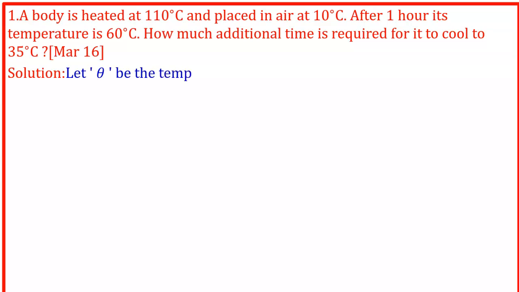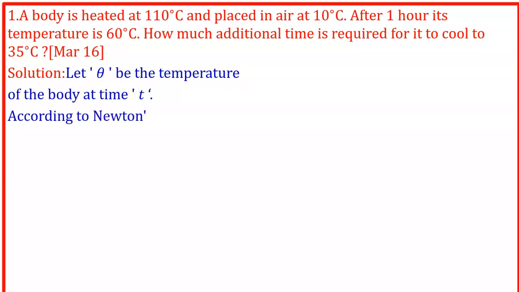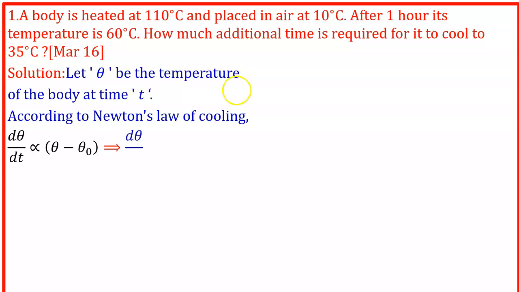Now the solution. Let theta be the temperature of the body at time t. According to Newton's law of cooling, d theta by dt is proportional to theta minus theta 0. Here theta 0 is the temperature of the surroundings. We are given that the temperature of the air is 10 degrees Celsius.